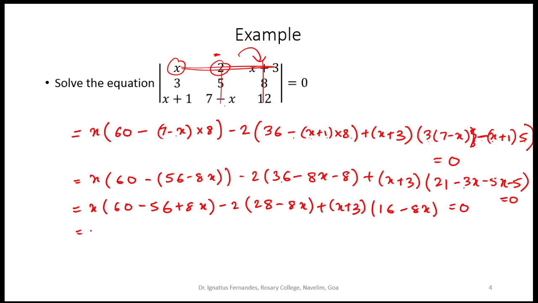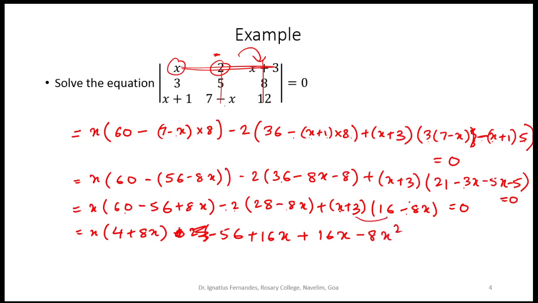Okay, so x into 60 minus 56 is 4, plus 8x, plus 2 into, multiplying 2 with 28, I have minus 56, and minus 2 into minus 8x is plus 16x, plus x into 16, so 16x, and x into minus 8x is minus 8x square.